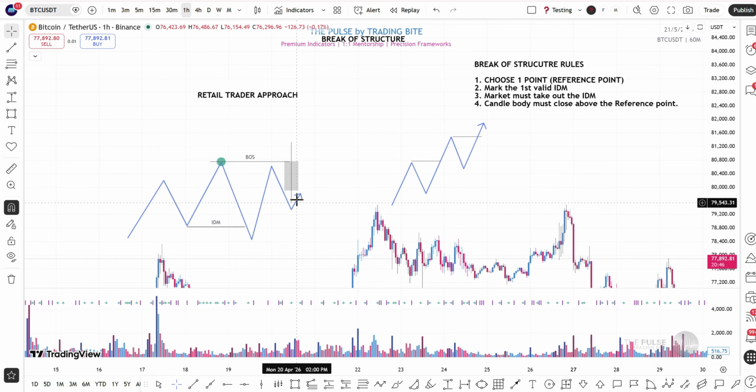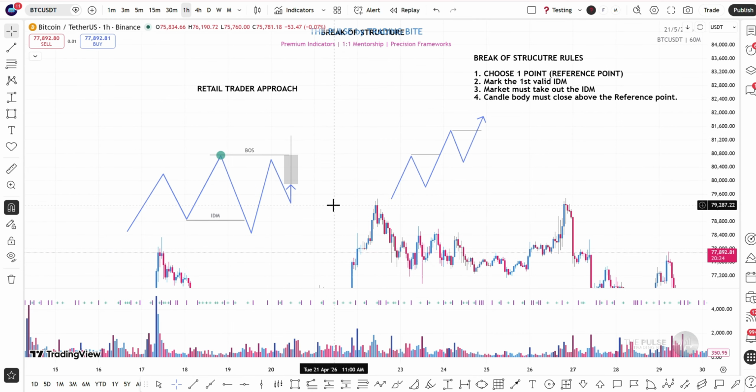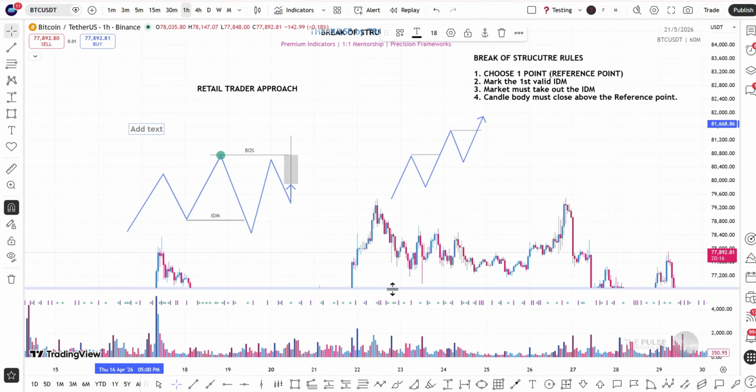First question: inducement has been taken, and this is our reference point, and the candle body closed below this reference point, but the wick has gone through this high. Will this be a valid break of structure or not? This is question number one.